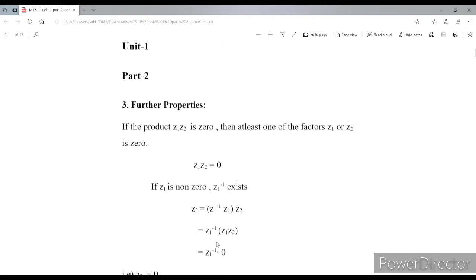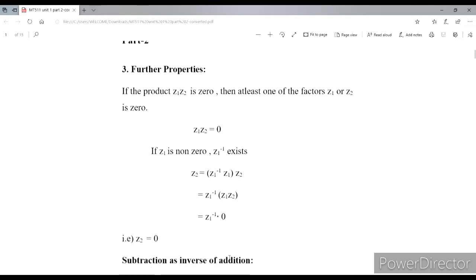Now associative law for multiplication is true, therefore we can write this as Z1 inverse into Z1 Z2. Now we are given Z1 Z2 is 0, therefore Z2 equal to Z1 inverse into 0. That is, we get Z2 as 0.